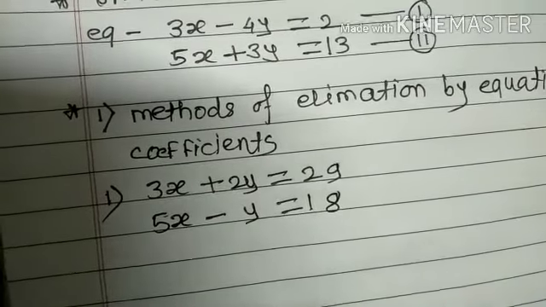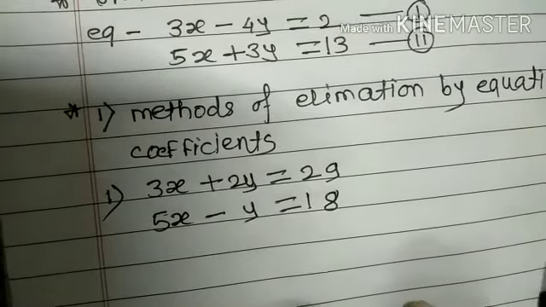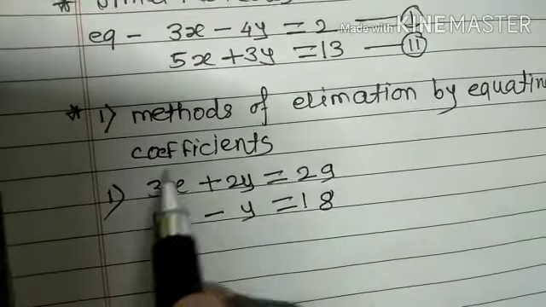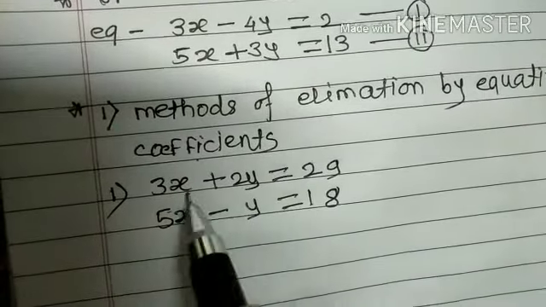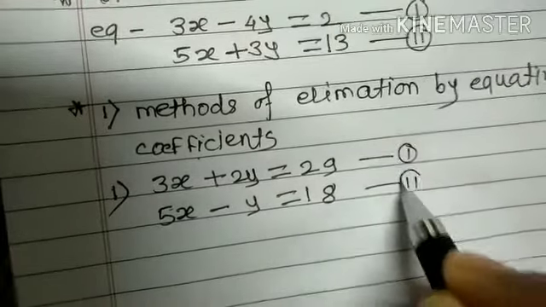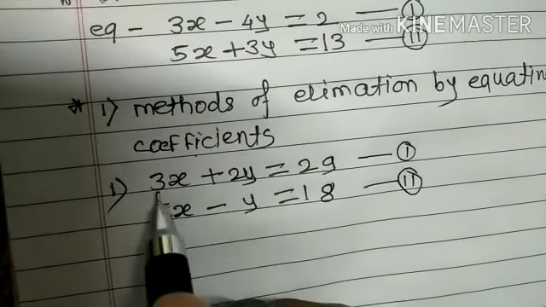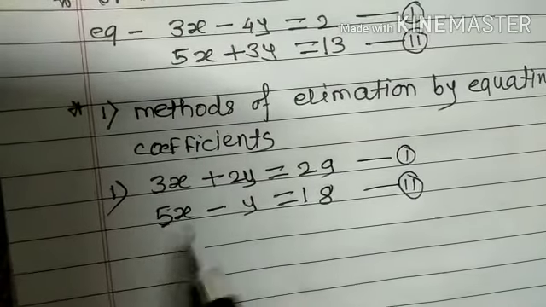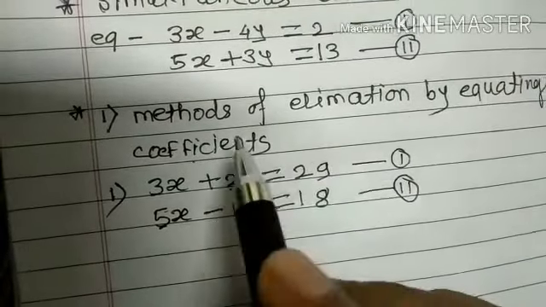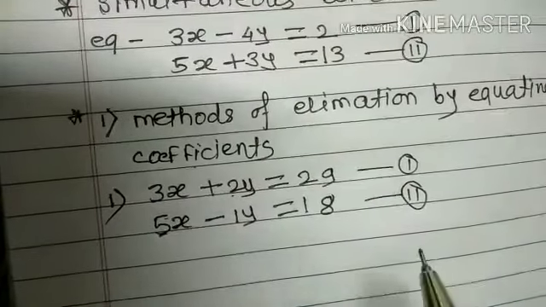In this example, elimination by equating the coefficient means these are the two variables in the given two equations, and these are the coefficients. 3 is a coefficient, 5 is a coefficient, 2 is a coefficient, and 1 is also a coefficient, and you have to solve by equating the coefficient.